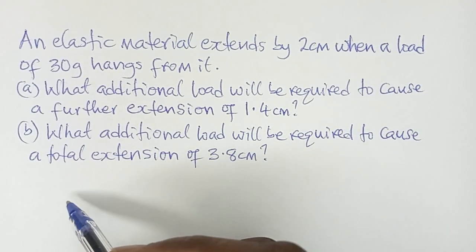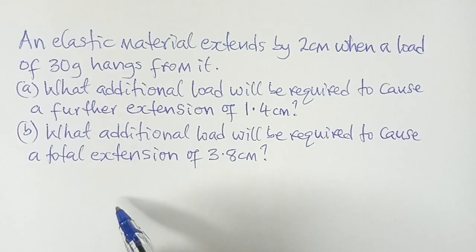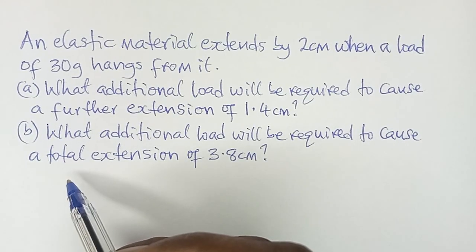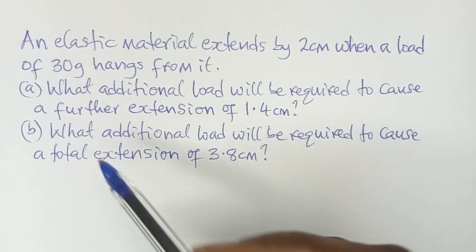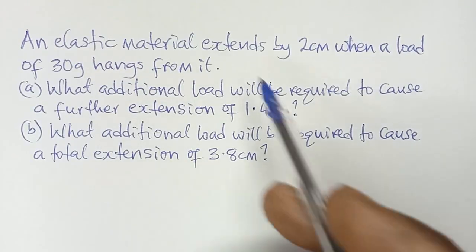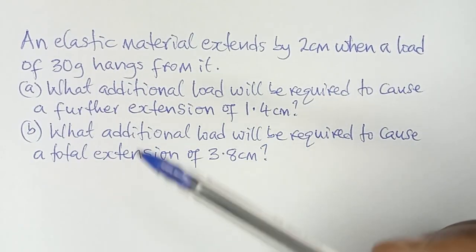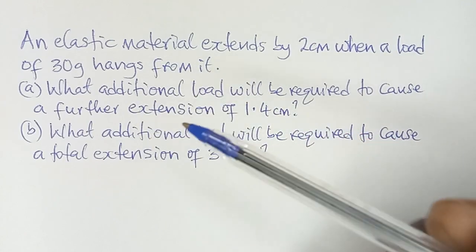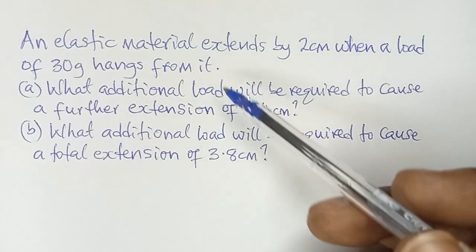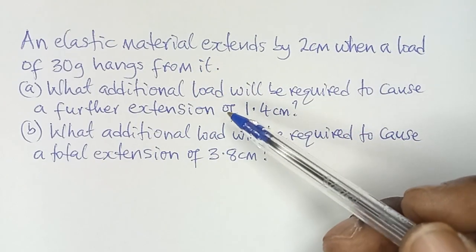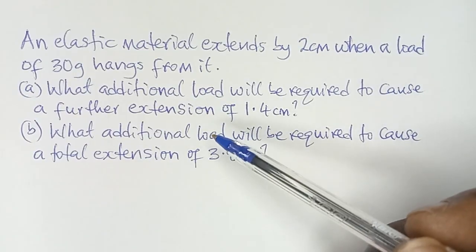Now, I'll start by writing the formula for proportionality in elasticity problems like this. Please don't forget, questions under elasticity like this are usually proportionality questions because Hooke's law is obeyed.